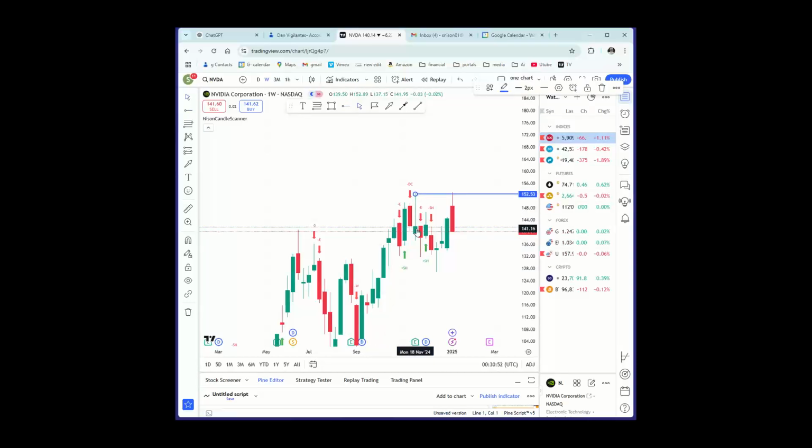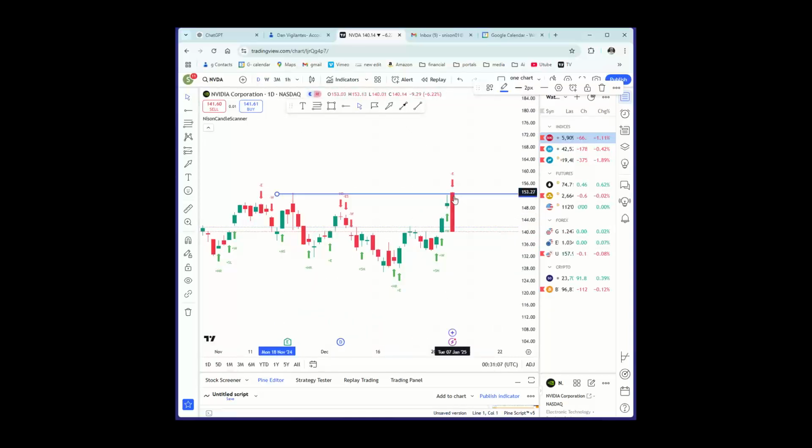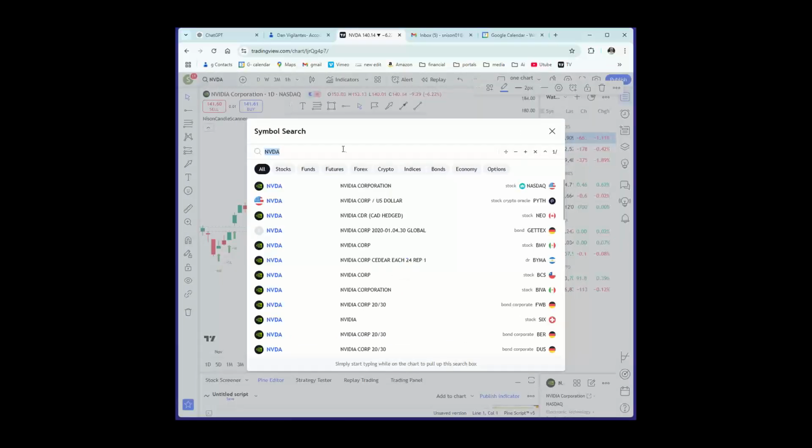Okay, from the week of November 18th, that's exactly where the market's stalled so far. If it gets above that, I really can't give you a resistance area because there's really no prior highs to work off of. So keep an eye. The sell-off today wasn't too surprising considering that it was a major high made a few months ago. Okay, that was NVIDIA. Let's look at Tesla.